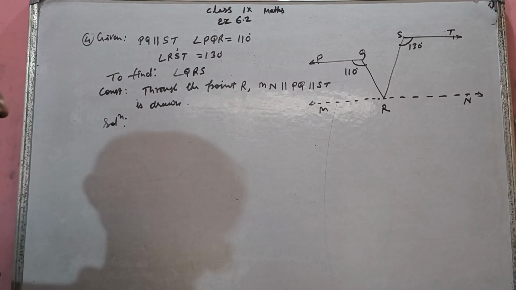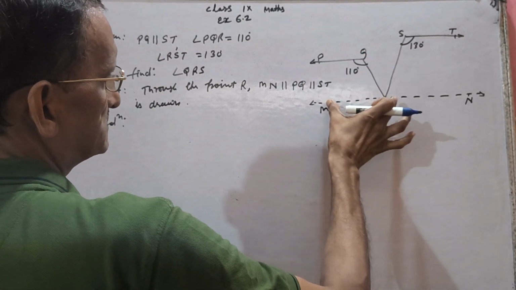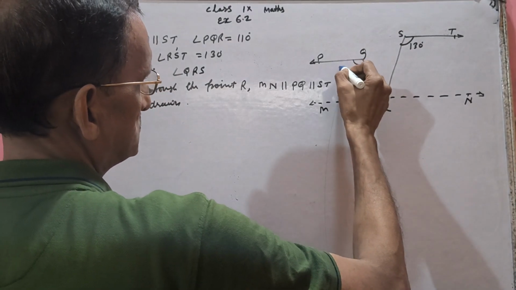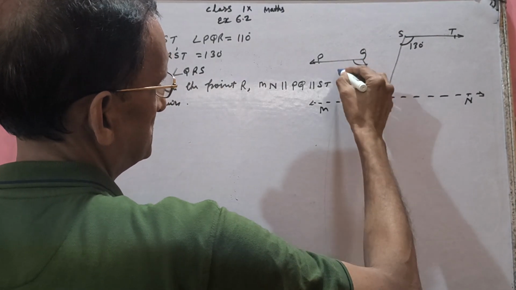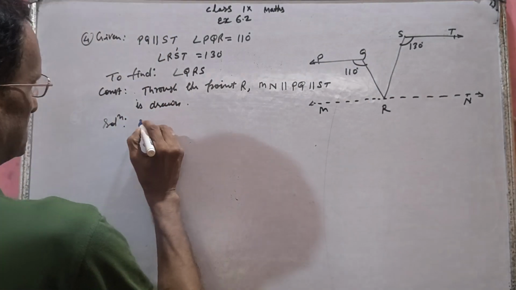Question is to find out, so we are writing the solution. See, when two parallel lines are intersected by a transversal, then co-interior angles are supplementary. So you know, PQ is parallel to MN.